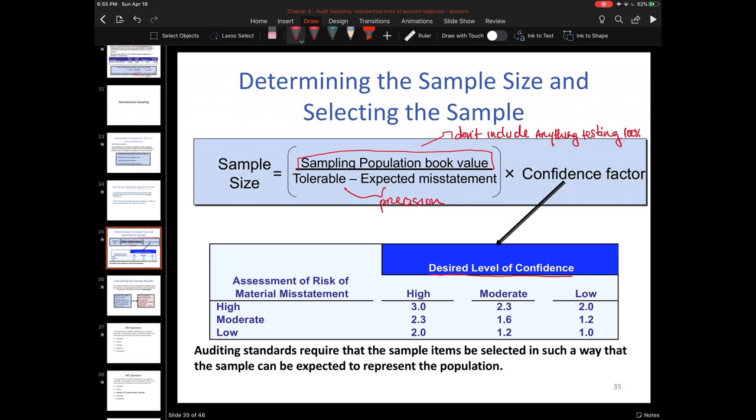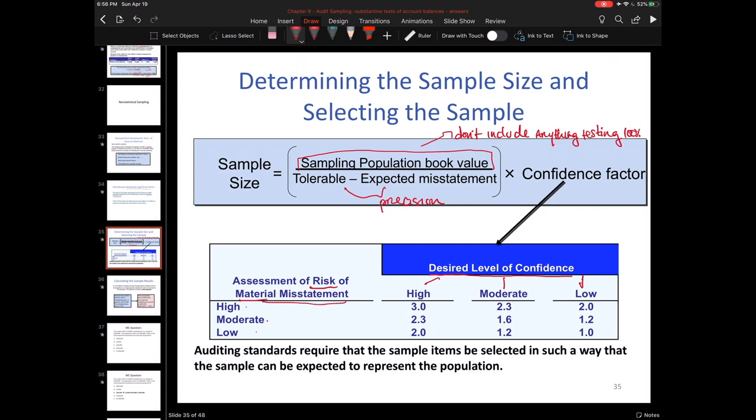That's always going to be the disadvantage of non-statistical sampling, just like we learned in chapter 8. You can say, though, I want to be low, moderate, or high. We can get to that level. And then your assessed RMM for this particular account will also weigh into your confidence factor, whether it's low, moderate, or high.